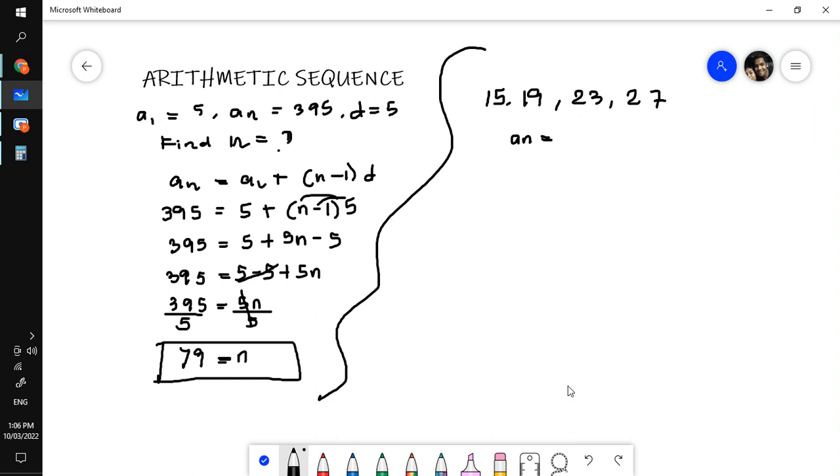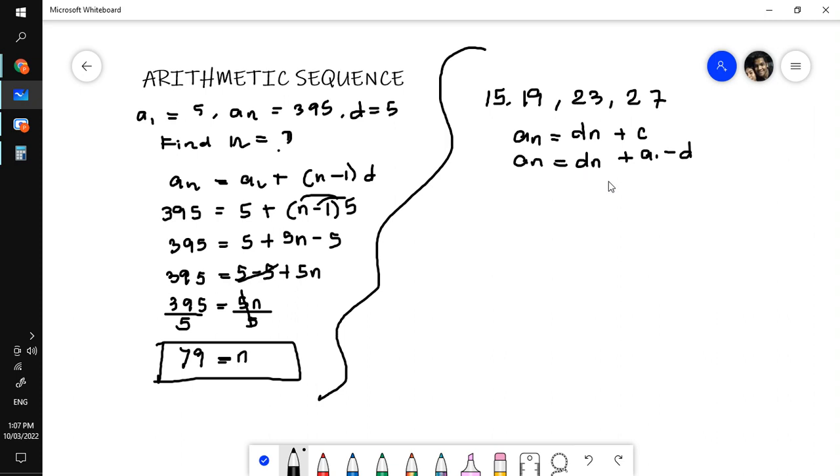A sub n, that's a sub n, not a times n. Let me do it again. A sub n is equal to d times n plus c. C here is just equal to a sub 1 minus d. So we just simply substituted a sub 1 minus d to c and copy the rest in the formula.